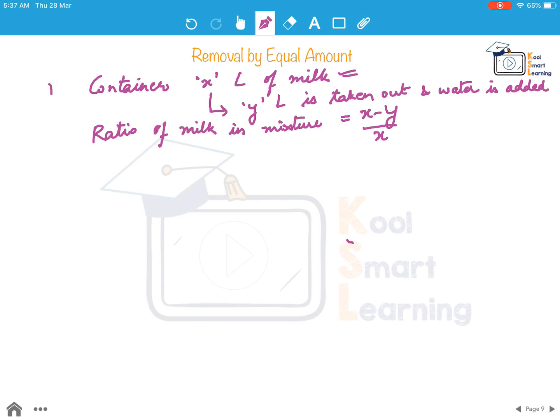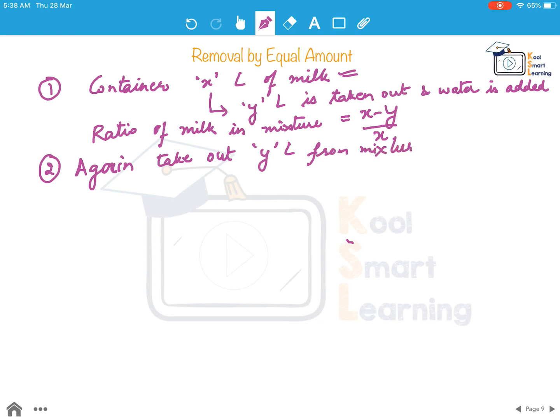Now this is step 1. Now if we again take out Y liter from the mixture and add the same amount of water, what will happen?